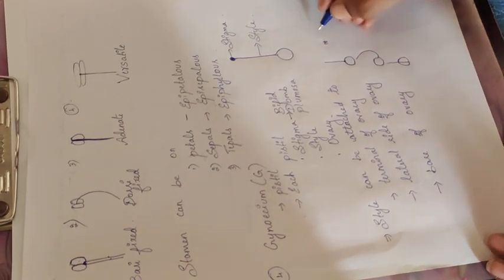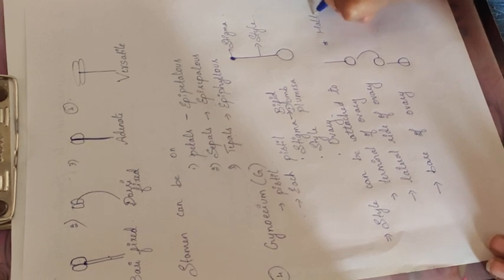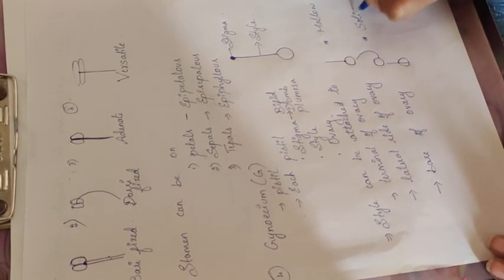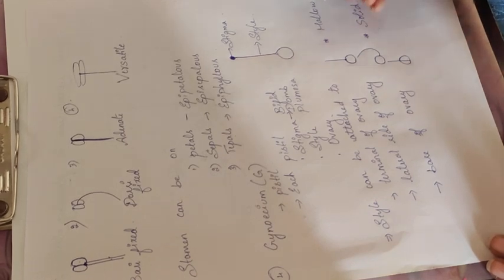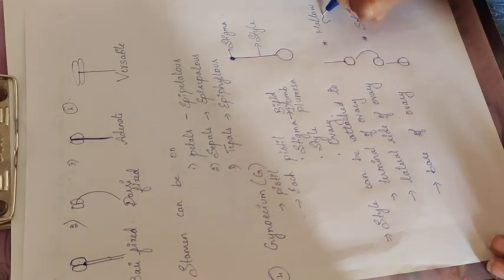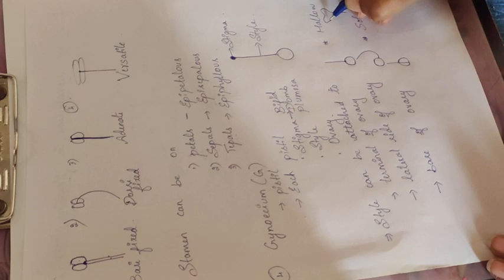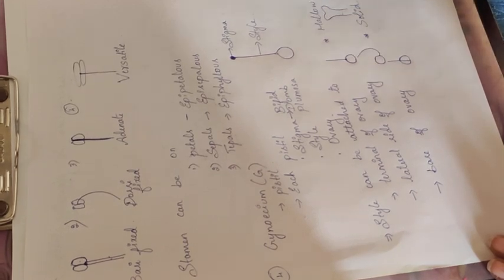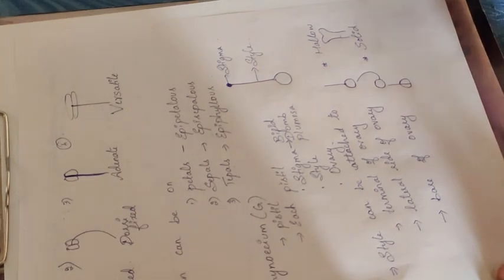Style can be hollow, or it can be solid. Now, what do you mean by hollow? See, if this is a stigma portion and this is a style, here this might show a hollow space inside. You call it as a hollow.